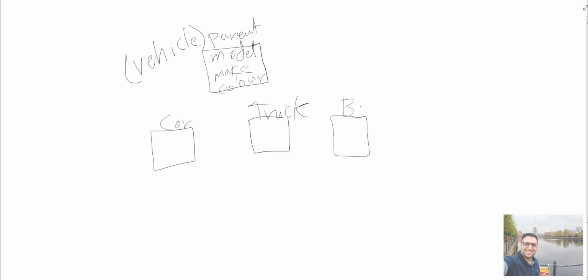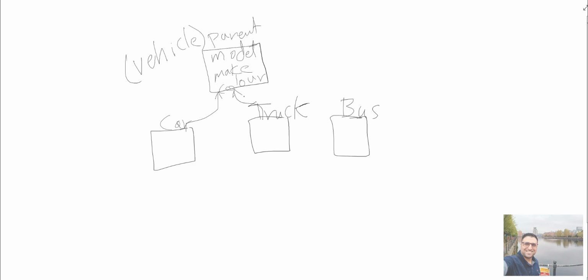Now, all of these vehicles are indeed vehicles, so they share the same things. They have the model, they have the make, and they have the color. Each one of them has a separate model, make, and color, but they all share the attribute of having model, make, and color, right? So they're all derived from this.